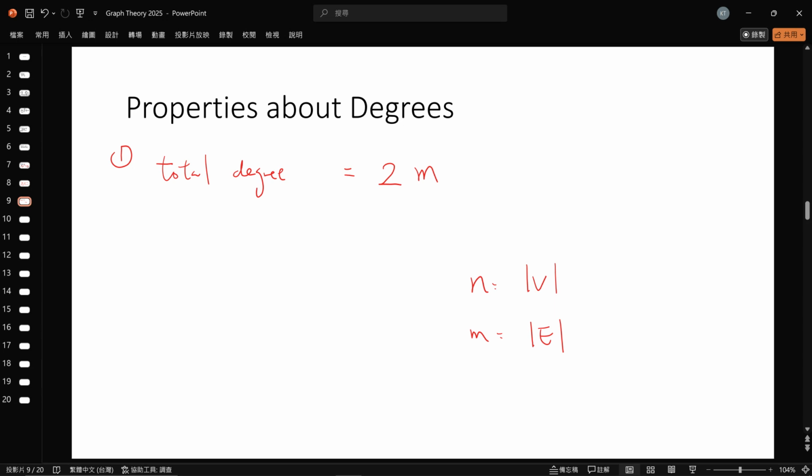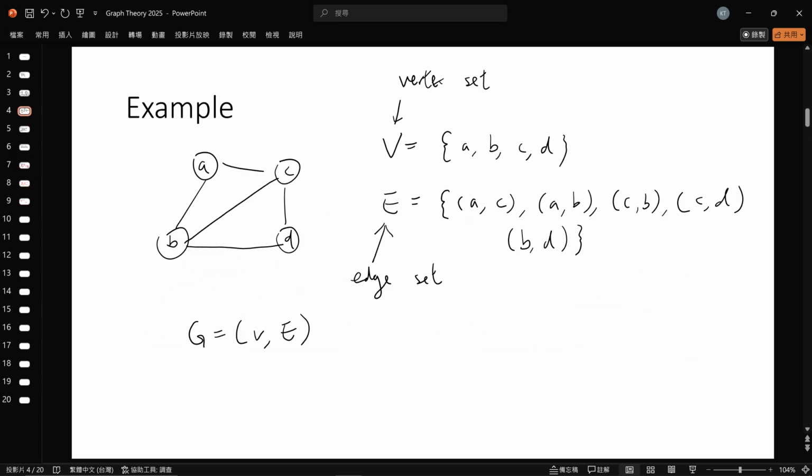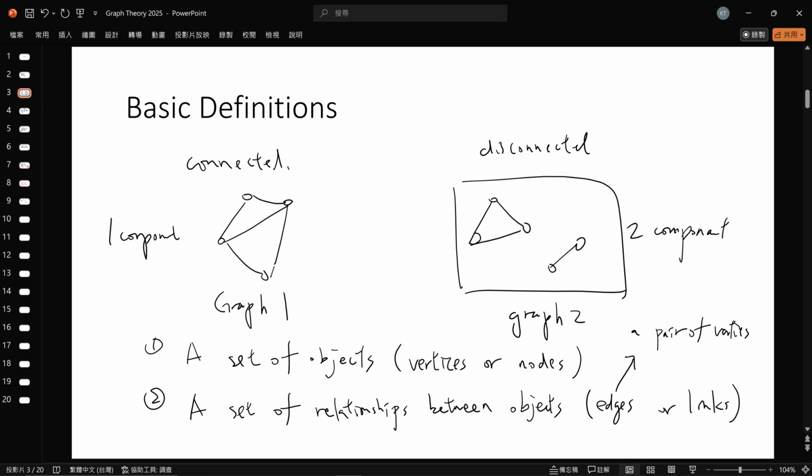The first way is to just consider all the vertices in a graph and sum up their degrees. This is the standard way to do so. This is just like what I did earlier, so I compute the degree here, 2 plus 2 plus 2 plus 1 plus 1. So this is the first way of computing the total degree.